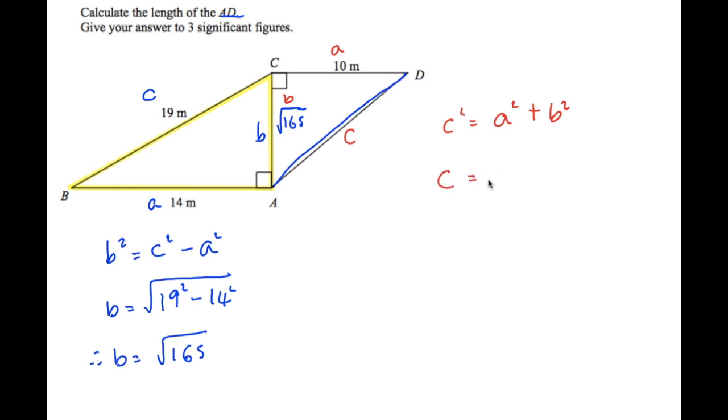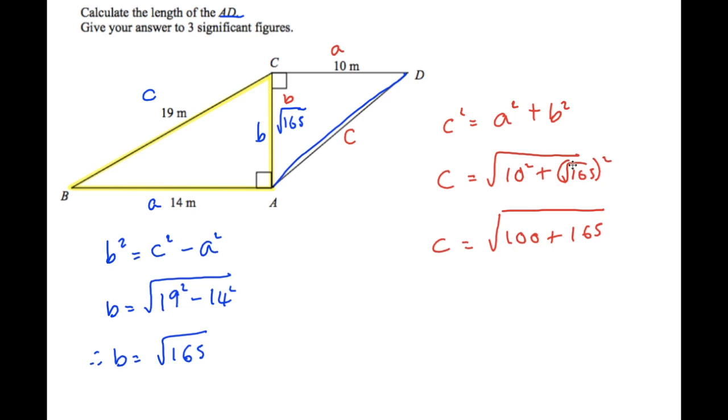So C is equal to the square root of A squared, B is the square root of 165 squared. Now the squared and the square root cancel. So now what we've got is C is equal to the square root of 100, that's 10 squared, plus 165.